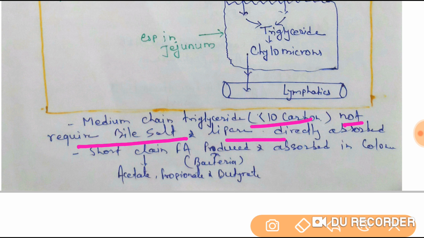Triglycerides with more than 10 carbon atoms require this process. Less than 10 carbon does not require emulsification, bile salt or lipase. It is directly absorbed. Short chain fatty acids are produced and absorbed in the colon, like acetate, propionate and butyrate.